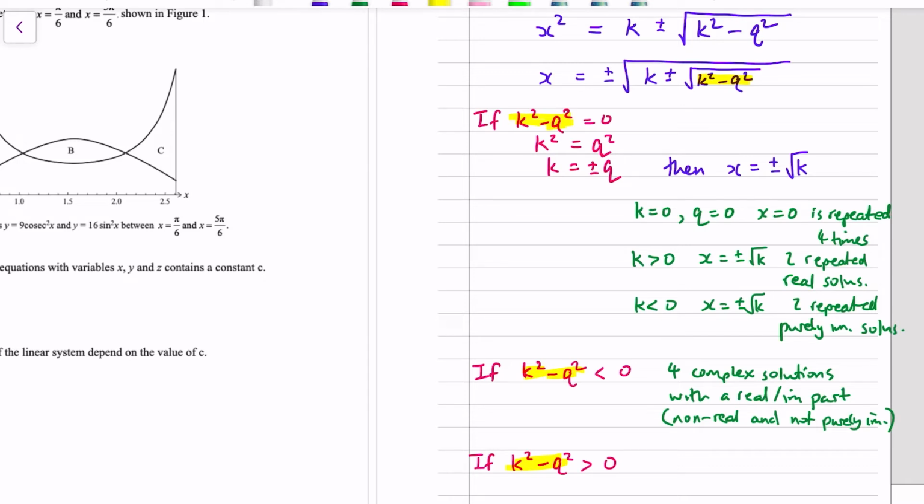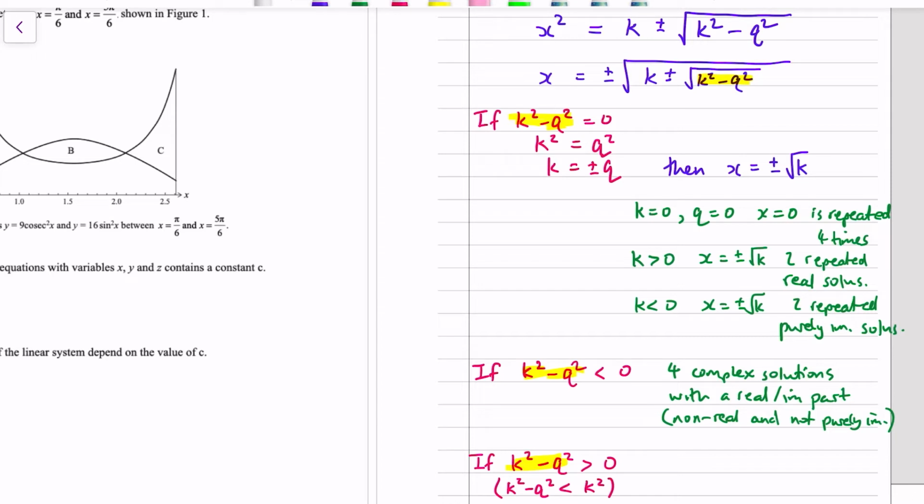What you need to recognise is that when you take k squared and you minus q squared away from it, you're getting something that is smaller than k squared. So k squared minus q squared is less than k squared.